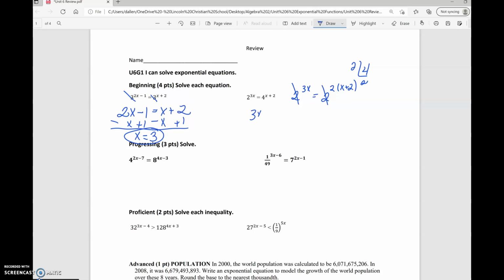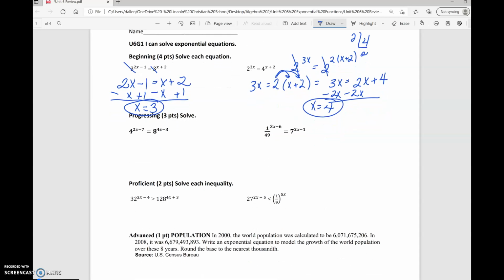So I get 3x equals 2 times x plus 2. We're multiplying that power that I wrote and the old power. And then distribute through 2. So I have 3x equals 2x plus 4. And then subtract 2x. So x equals 4.